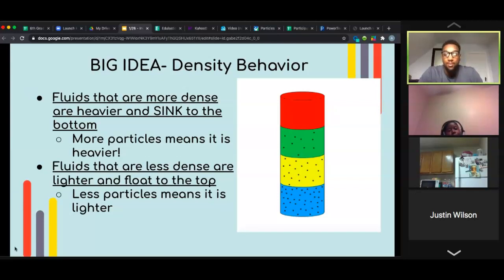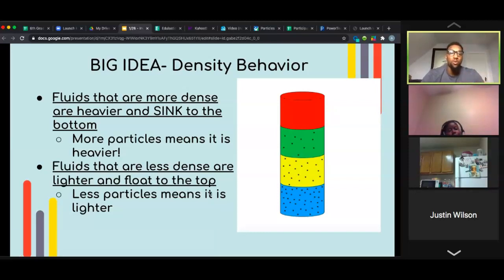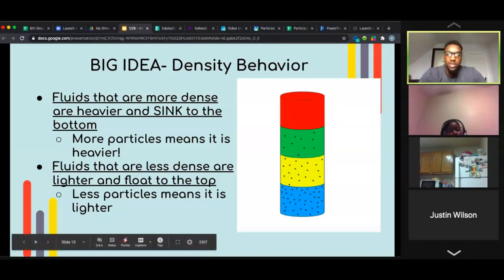So aside from measuring density through how many particles are in it, what is the other way we measure how dense something is? What is the other type of density that we look at? We just talked about it when we were looking at the water example. Who can tell me?